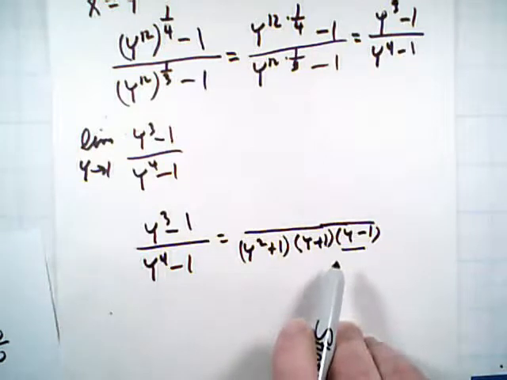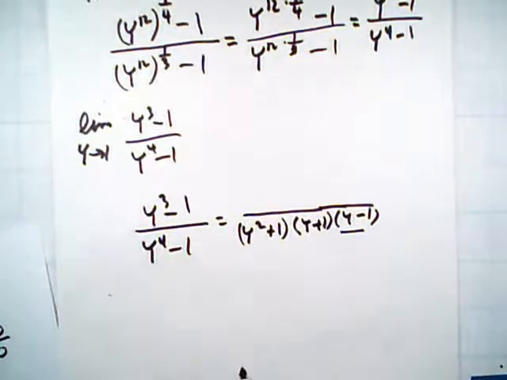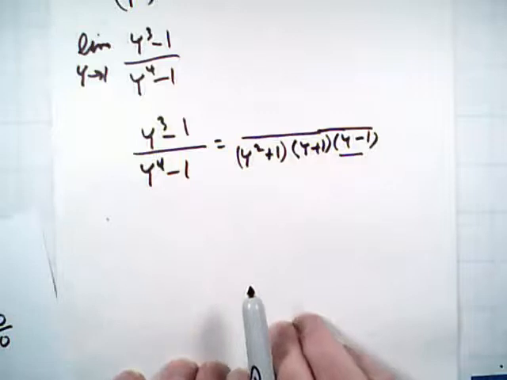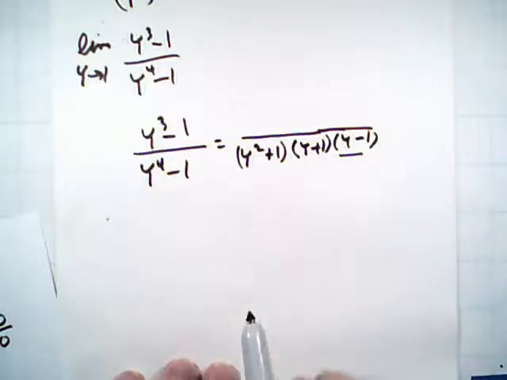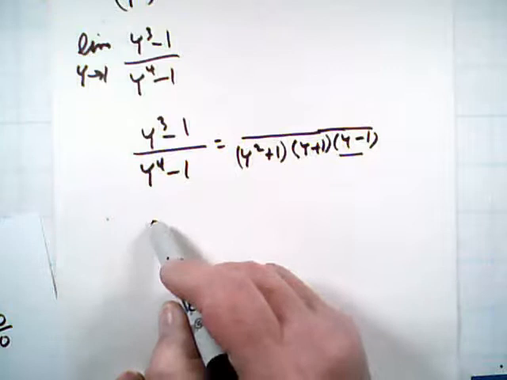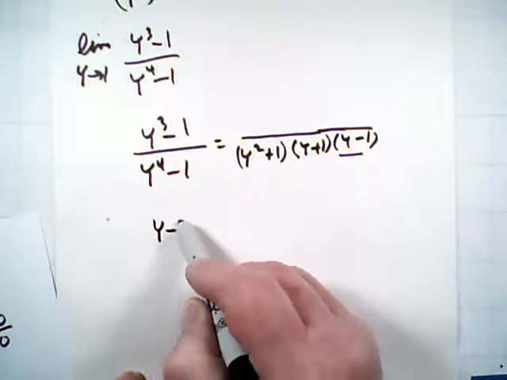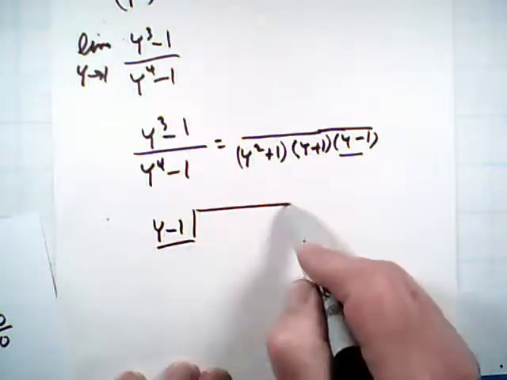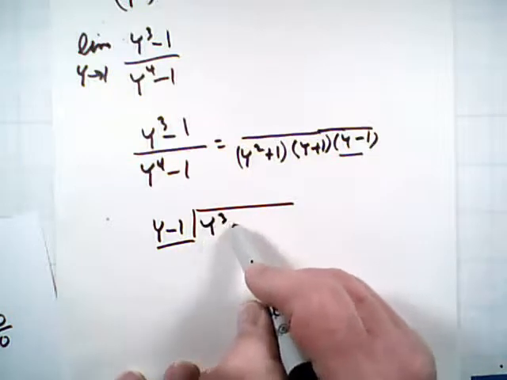The numerator now is y cubed minus 1, and we need to figure out how to factor that. Well, you might look at polynomial expansions, but also one thing you can do is to divide y minus 1 into y cubed minus 1.